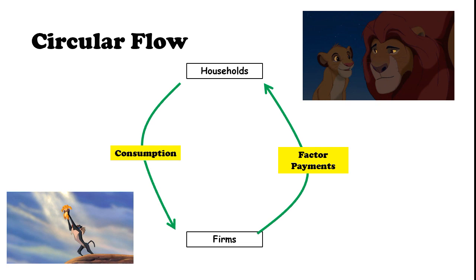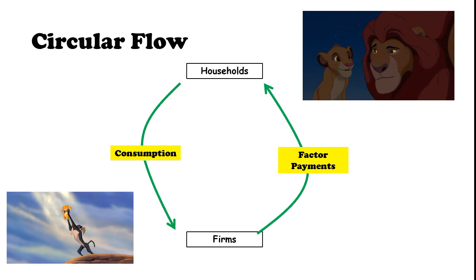If you own some capital and businesses are using your capital, you're getting paid. If you're a farmer and you're growing wheat, you're getting paid. So these payments go to the factors of production. If you own a business, you're getting profits, and those profits are coming up. So these factor payments are leaving the firms, going to the households.